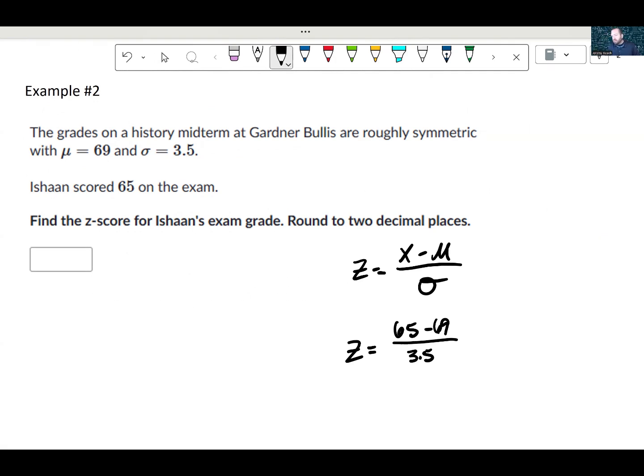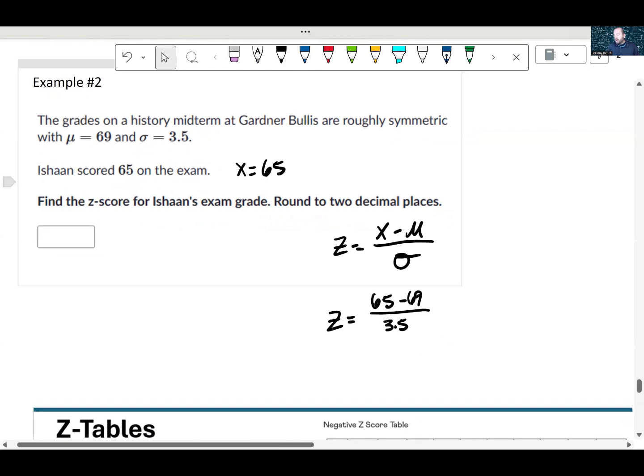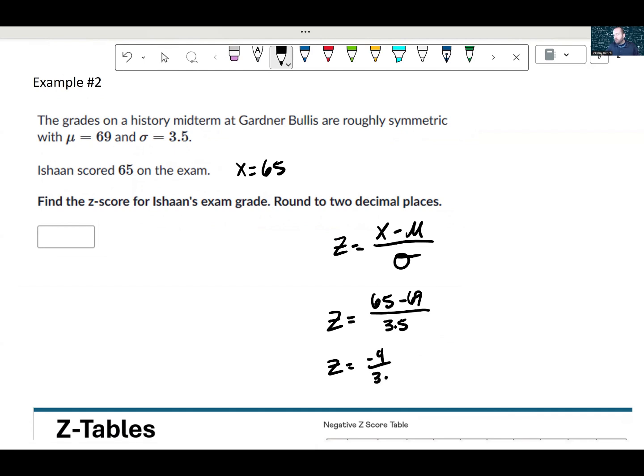We're given the mean, standard deviation, and this one person's score, which is our data value x. So x is 65. And then we just solve for what z is, and we get negative 4 over 3.5. And that equals negative 1.1428 for our z-score. And it wants us to round to 2 decimal places for this, so negative 1.14 is our final answer.